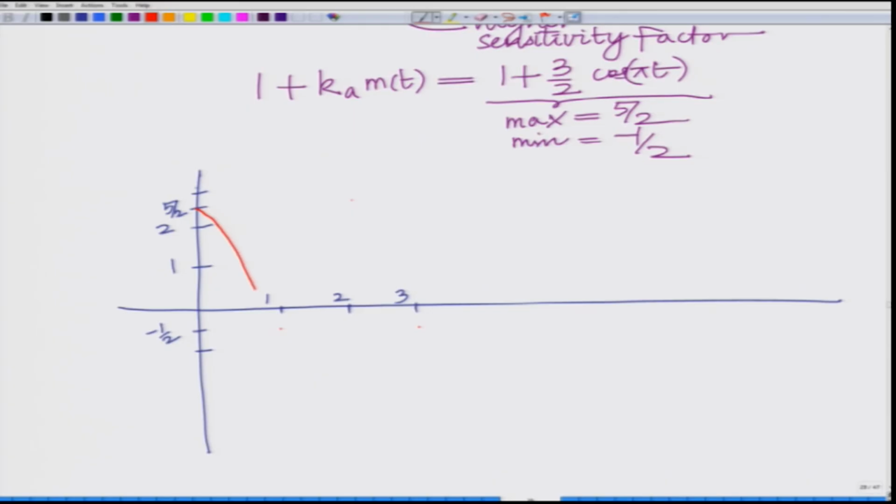And if I now join these points, what I will get is something that looks like this.